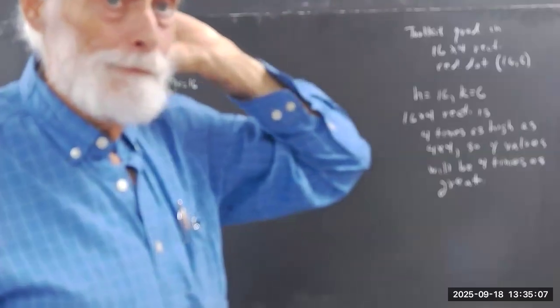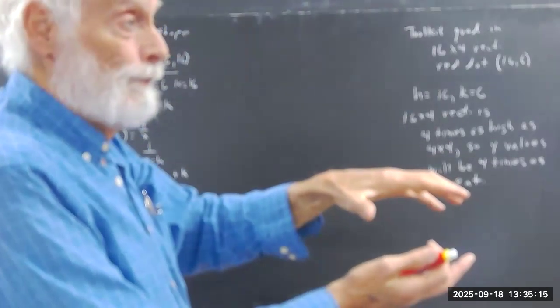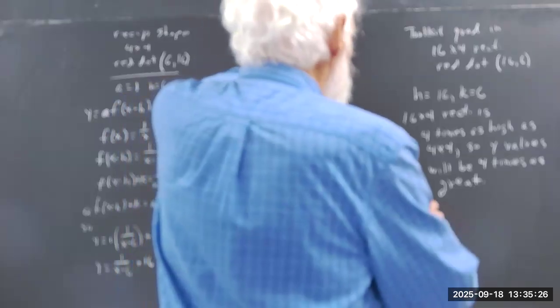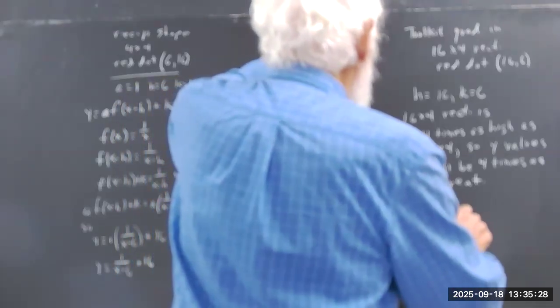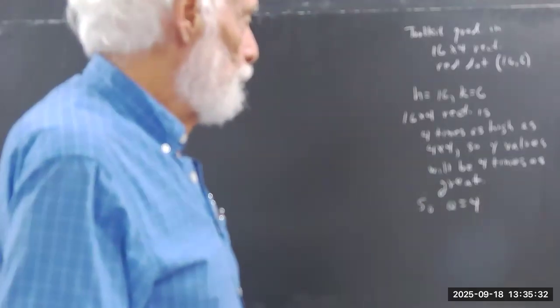That makes sense? If you sketch a shape in a rectangle that's 4 times as high as the original one, all your y values are going to be 4 times as great, because you're going to subdivide the same way, but all your subdivisions are going to be 4 times as far apart. You're going to accomplish that by letting a equal 4.